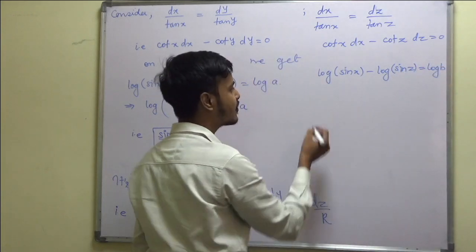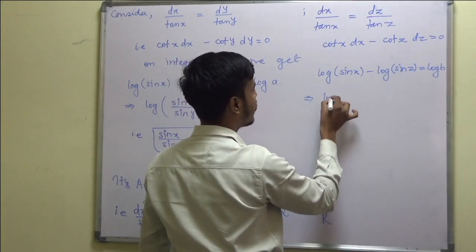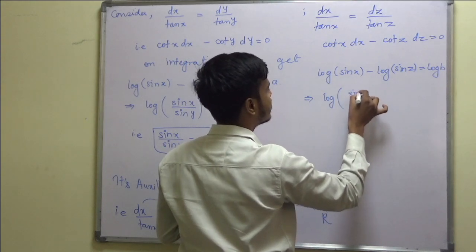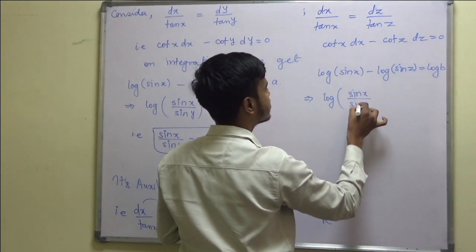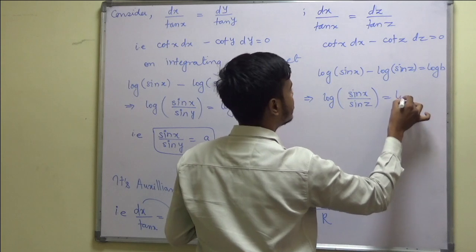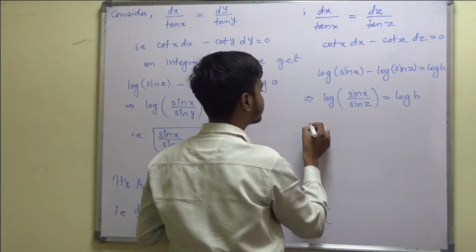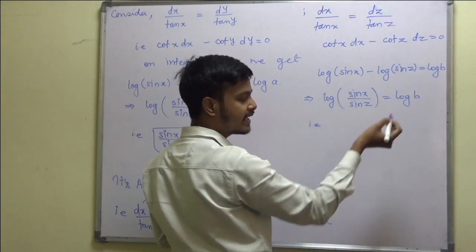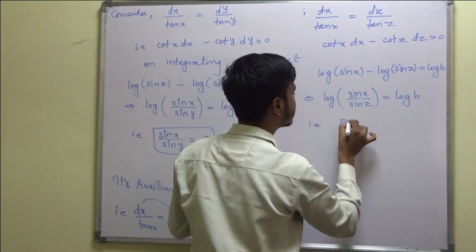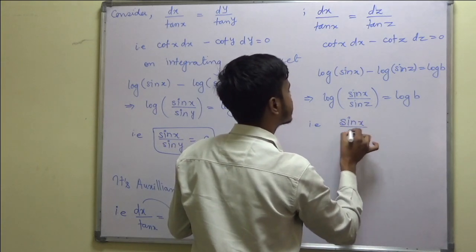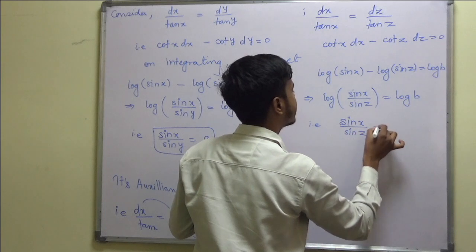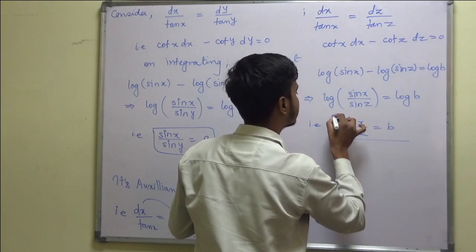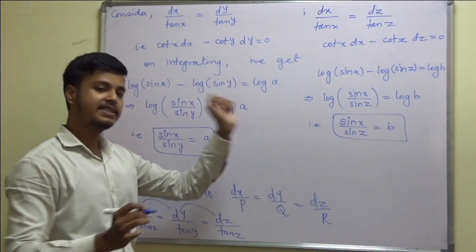Apply log a minus log b to get log of sin x upon sin z is equal to log b. The log gets cancelled from both sides. Sin x upon sin z is equal to b. So we have the second solution.